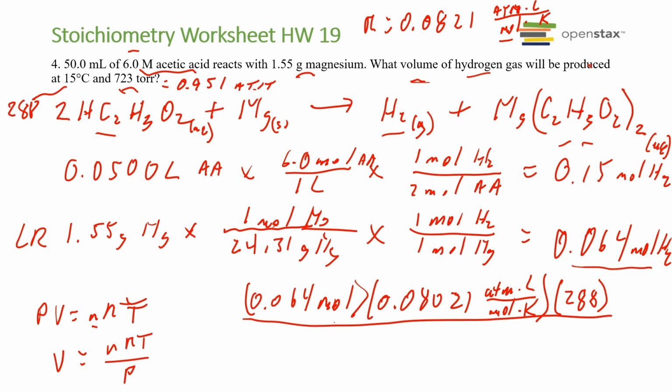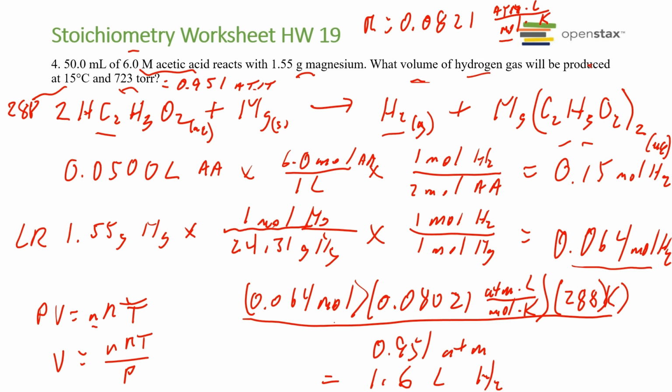And then we divide that by the pressure, which we have now in atmospheres. So this now is going to equal 0.0821 times 0.064 times 288 divided by 0.951. We're saying now we have 1.6 liters. Again, we only have two significant figures of H2.